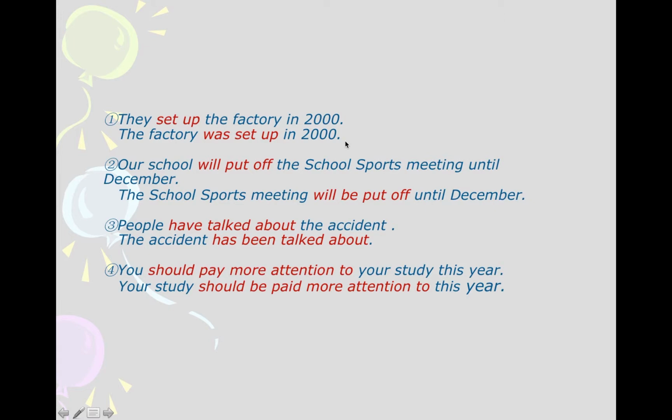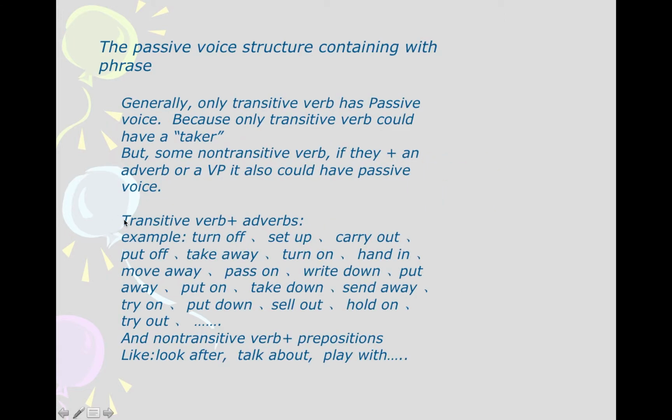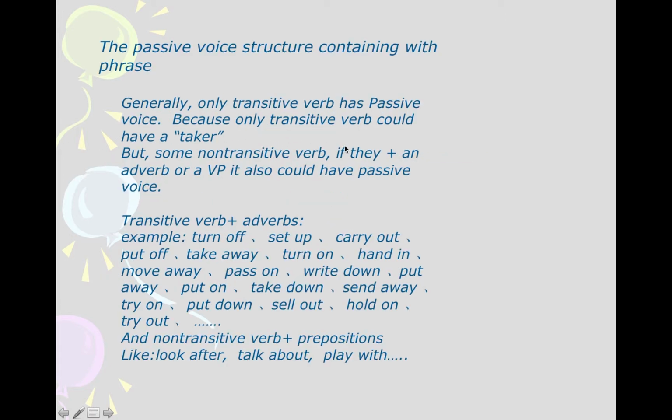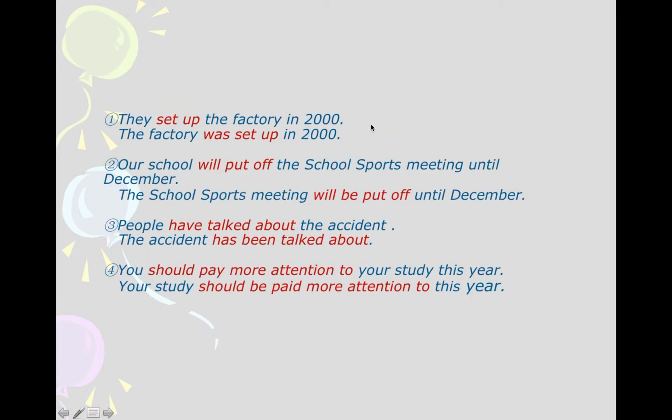So let's go back. Here, this is the transitive verb plus adverb, which is "set up" here. Look, they set up the factory in 2000. The factory was set up in 2000. So this is simple. The second example is: our school will put off the school support meeting until December.